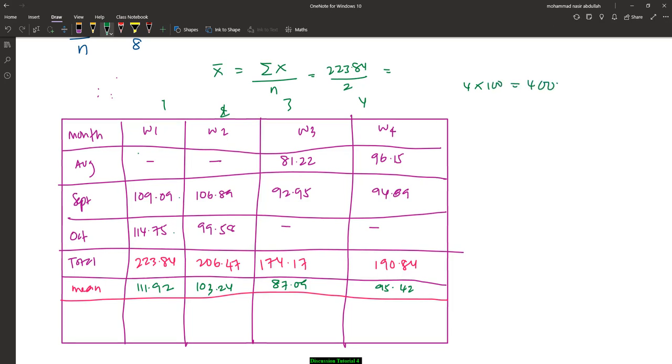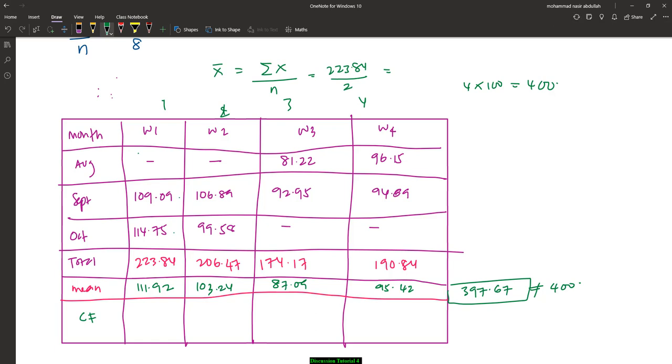So kita tengok the total mean here should be equal to 400 lah. So 111.92 plus 103.24 plus 87.09 plus 95.42. So this one should be equal to 397.67.